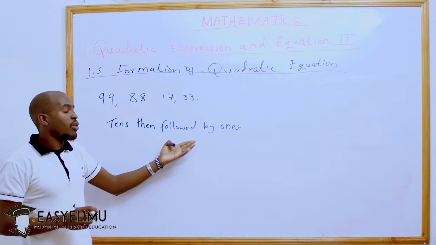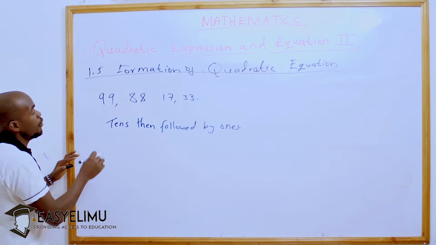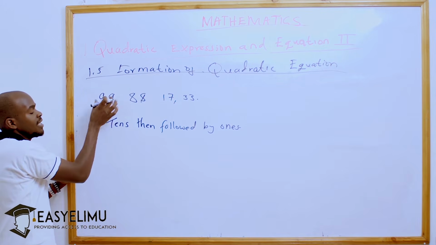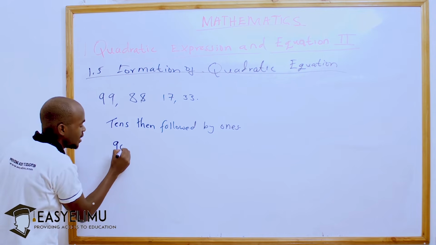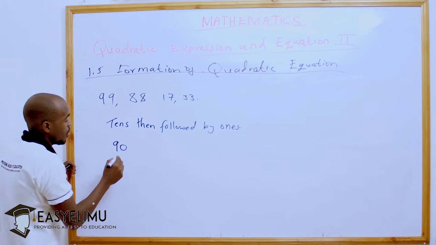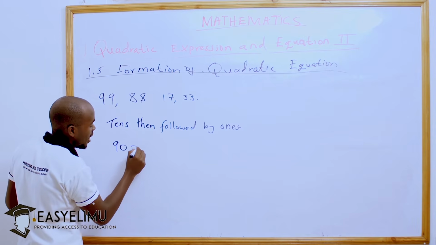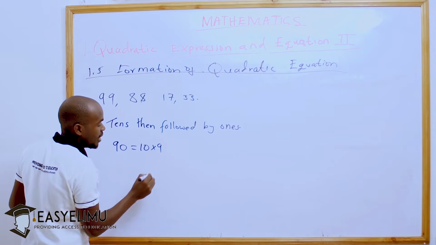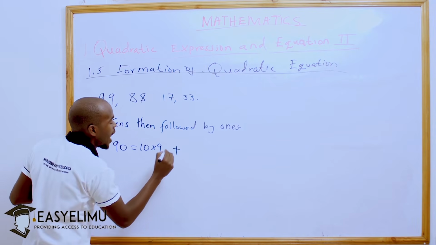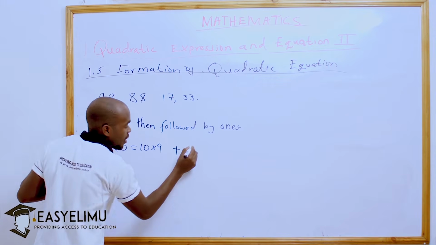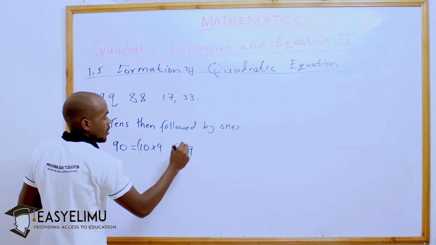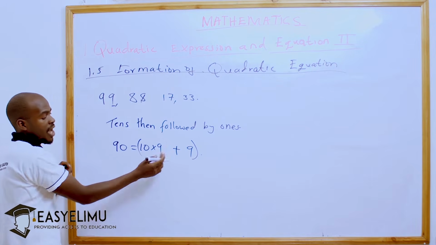So, considering this, if you need to find 99, you will take 90, which is the same as 10 multiplied by 9, then we add 9, which is in ones. This is what we are referring to.